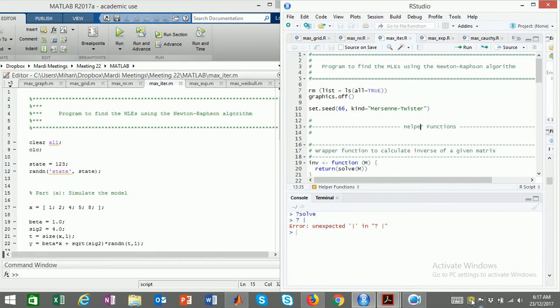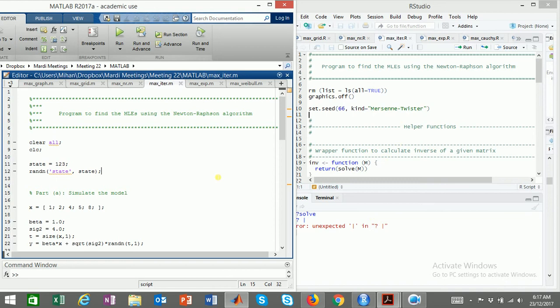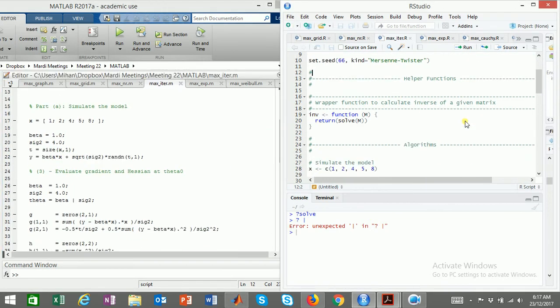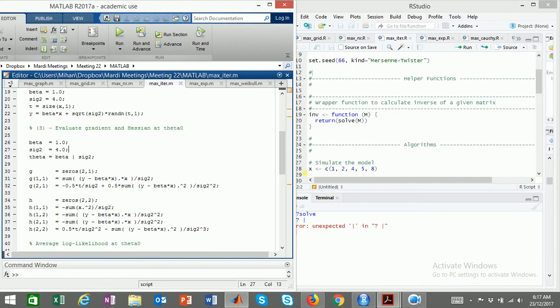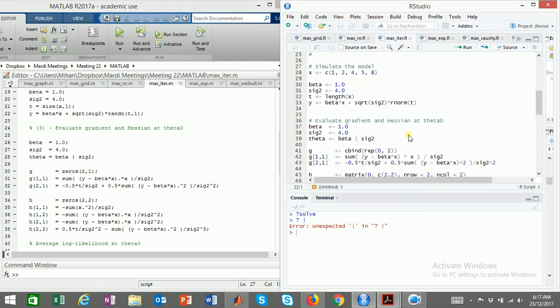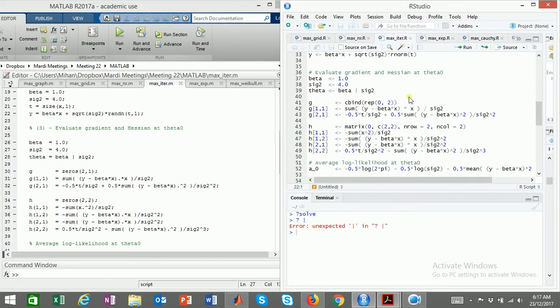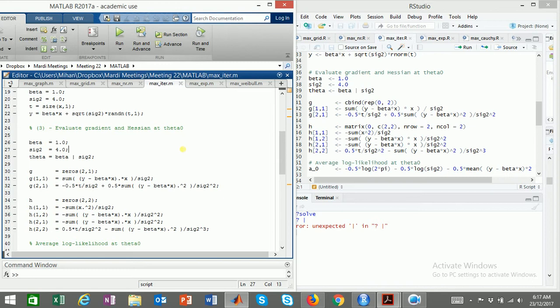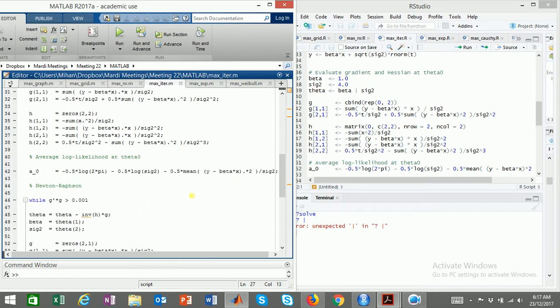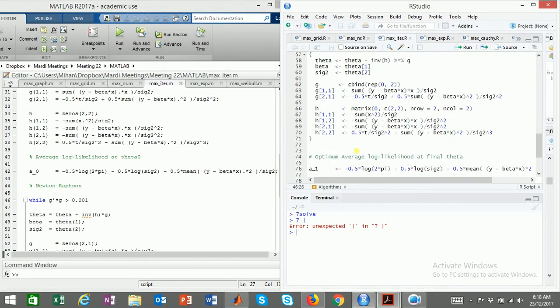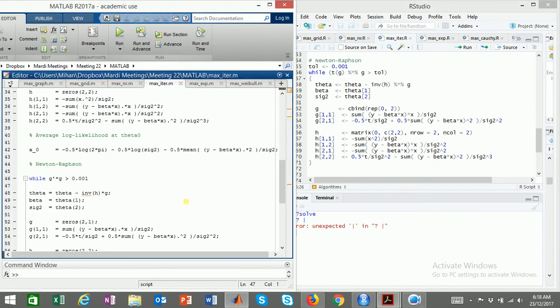Another way to address the same problem is with iteration, and I'm not going to go into details. You have already seen how to do this. We first create the Hessian and gradient at theta 1, evaluate that, find the average, and then comes the interesting part where we have Newton-Raphson.